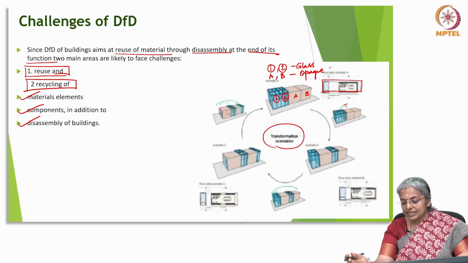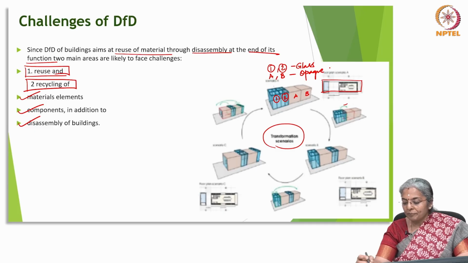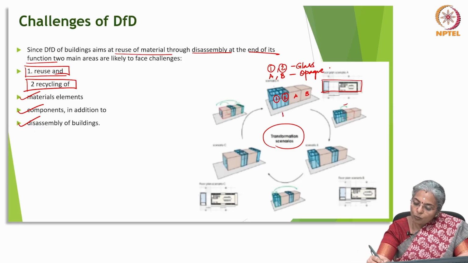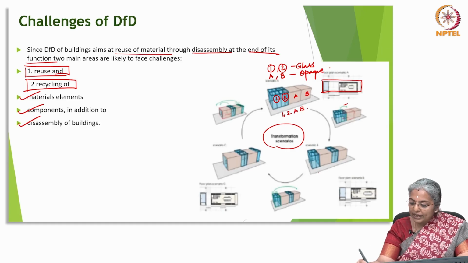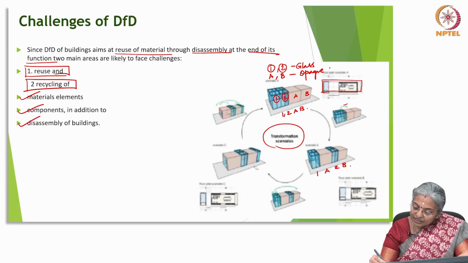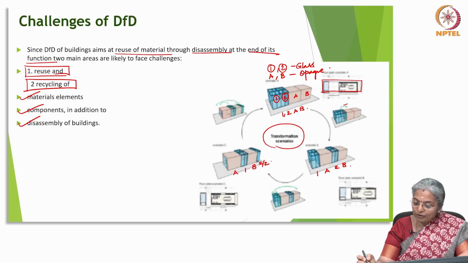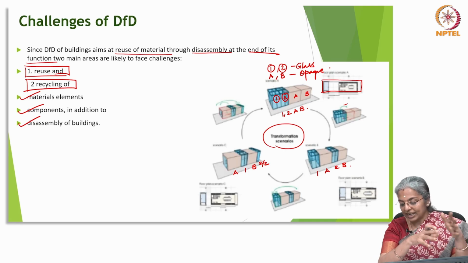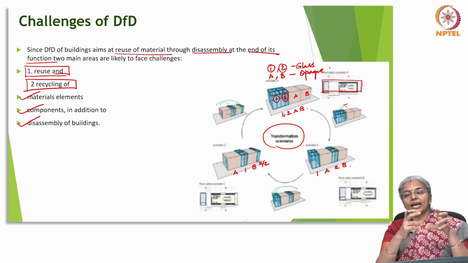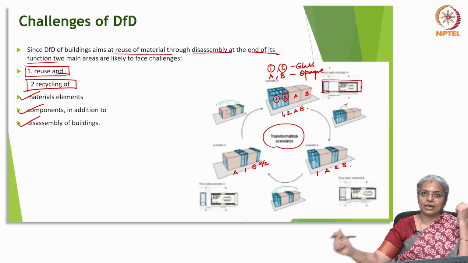Now, you can disassemble it for various options, like here it is 1, 2, A, B. Now, here if you see scenario B, it is 1A, 2B. Scenario C is going to become A, 1, B, 2 by 2, half of 2, and so on. So, you have flexibility to change the design, which will again get reflected in the spatial planning if you are able to look at a modular scheme.